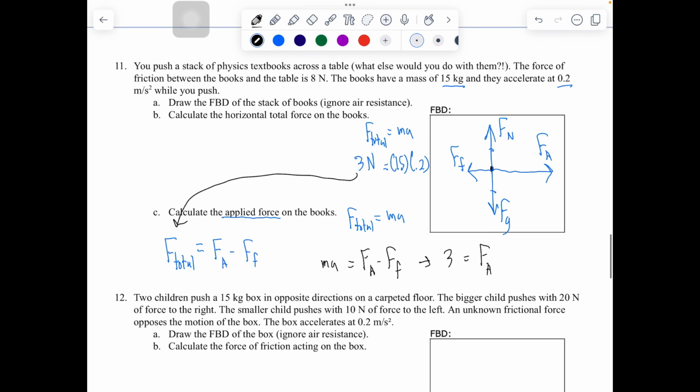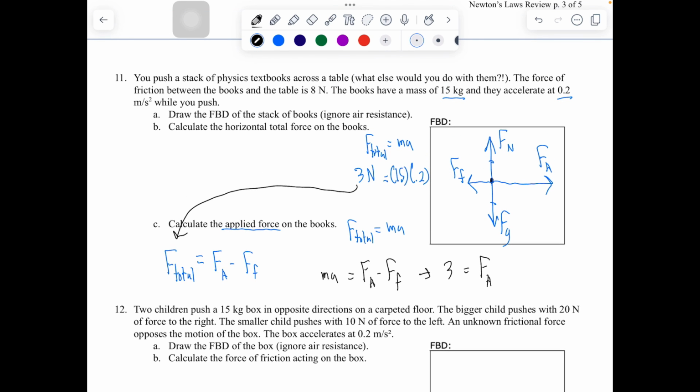We are told the friction is 8 newtons. Plug that in. We're going to do a little bit of algebra. Add our 8, they cancel, and then we get 3 plus 8, 11 equals our applied force. And in particular, we cannot forget our units: 11 newtons.